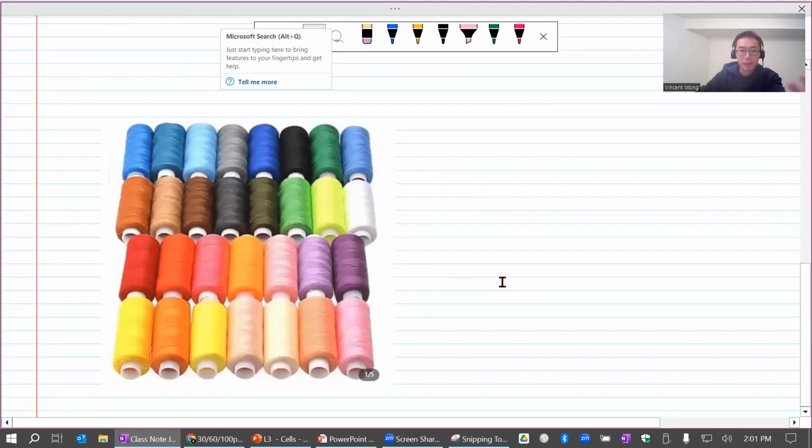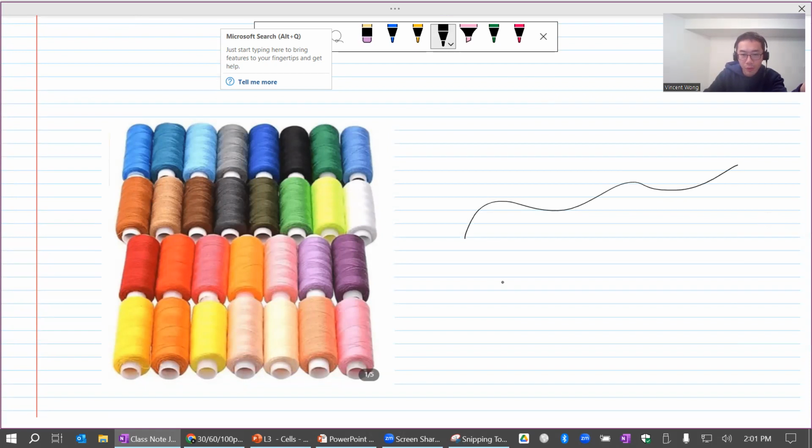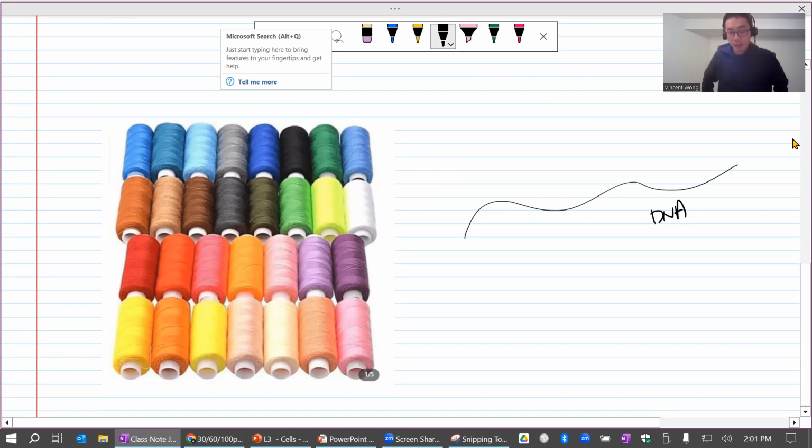So look, this is sewing thread, right? The individual thread, that's like the DNA. We have 46 DNA in the body. We have 46 different types of DNA. And you can imagine if you have all these sewing threads that are not wrapped around a spool, the core, then they're gonna get tangled up.